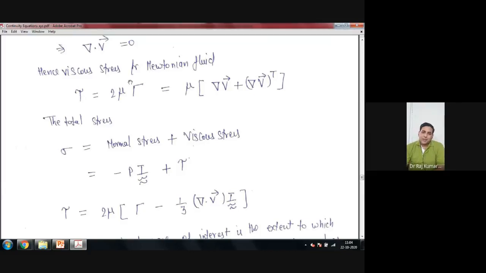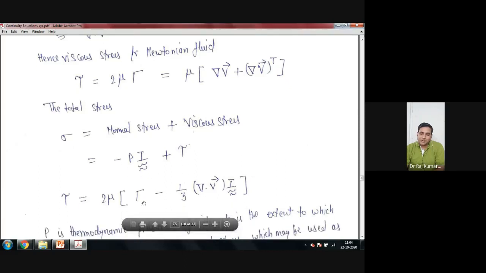Now, this is called the total stress here. So you have del dot V again, the transport of that. So this you can put here, and at that time you get the term 1/3 here. So this is totally from mathematics. So you just try to derive it if you can do it.